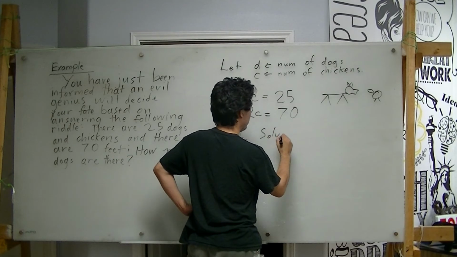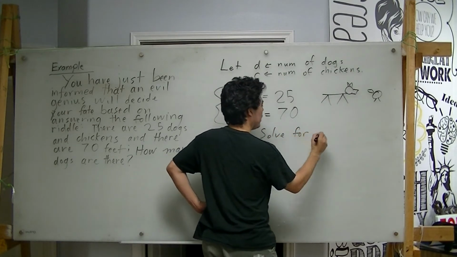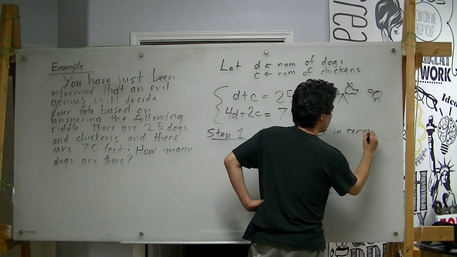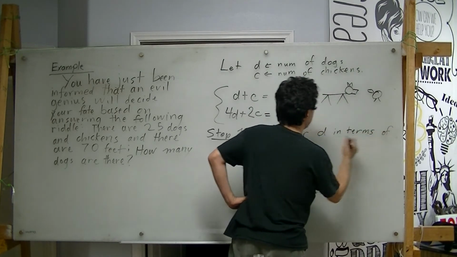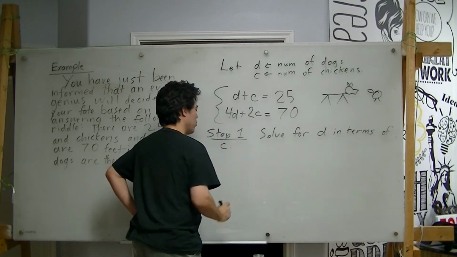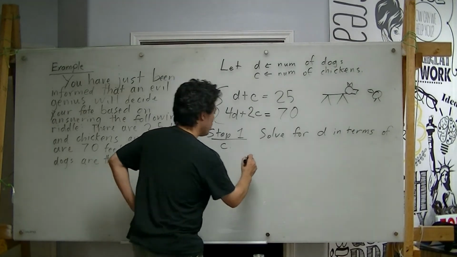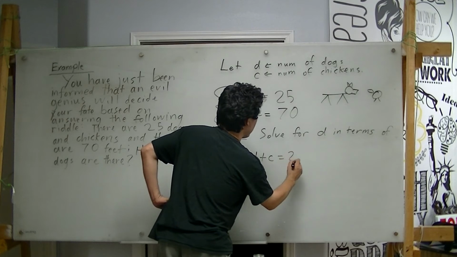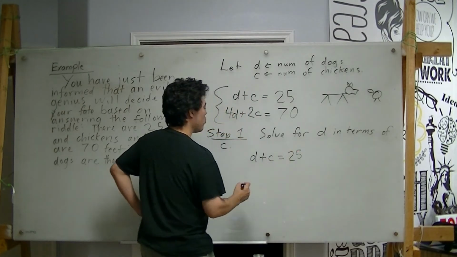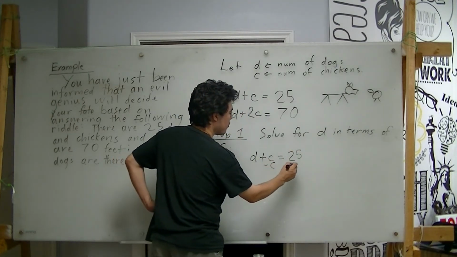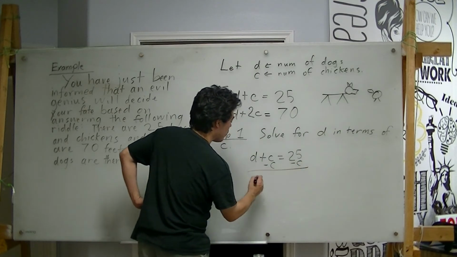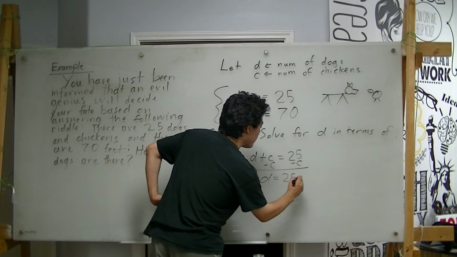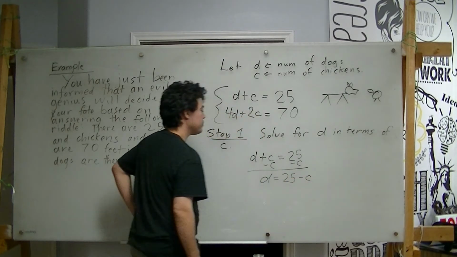So my step 1, solve for D in terms of C, right? So we know that D plus C equals 25, and so therefore if we subtract C from both sides, we get that D will have to equal 25 minus C, okay?